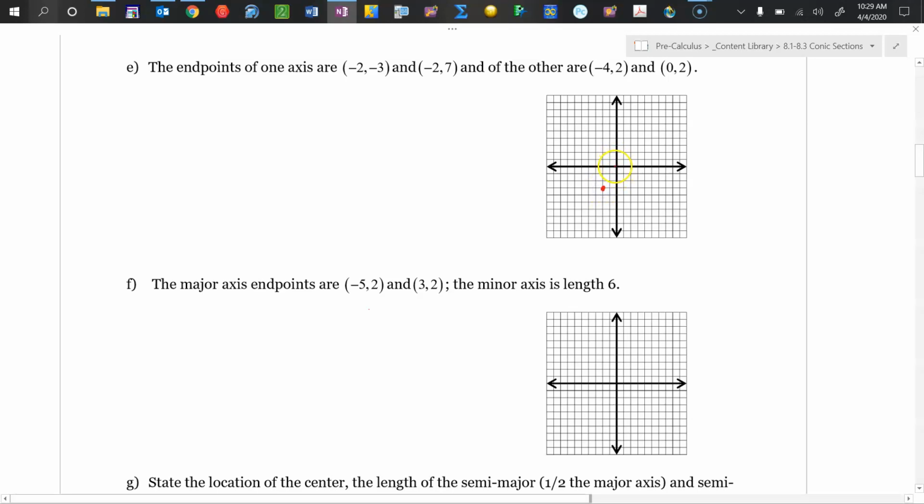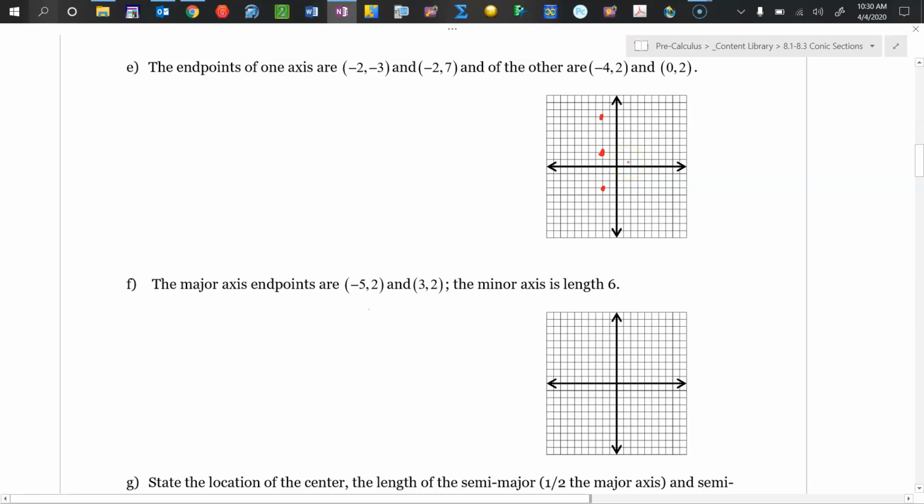And -2, +7, so 2, 4, 6, 7. So we know the center is going to be halfway between those, and we'll get that center in just a minute.